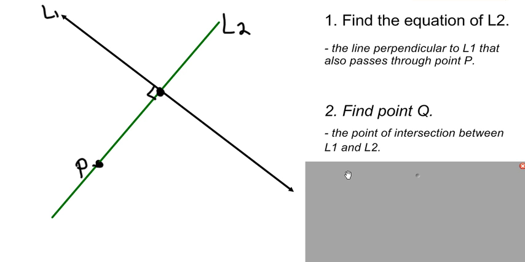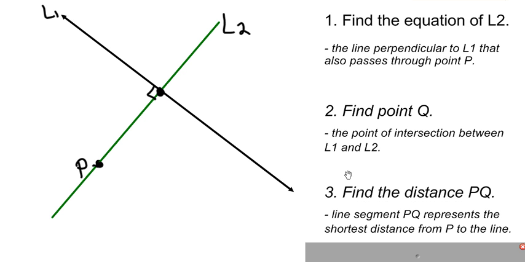And then finally, once you have point Q, you can find the distance between P and Q by measuring or by calculating the distance between those 2 points. So in 3 steps, you're going to find the equation of a line, find the intersection of 2 lines, and then use the distance formula.